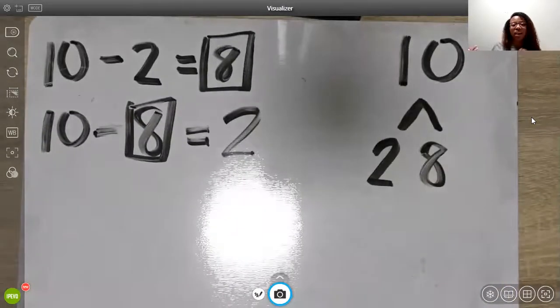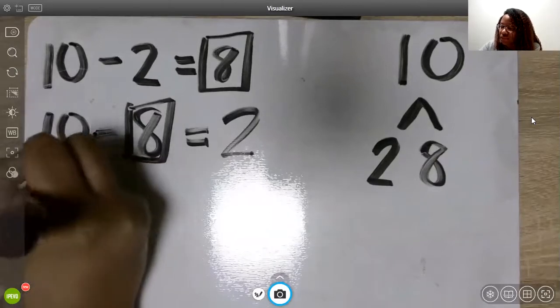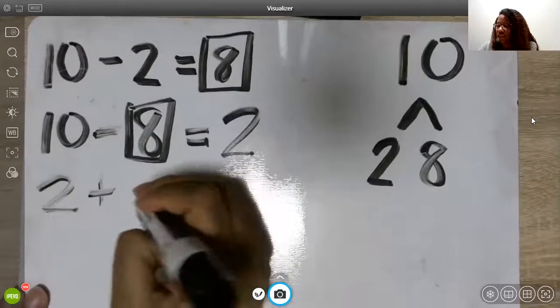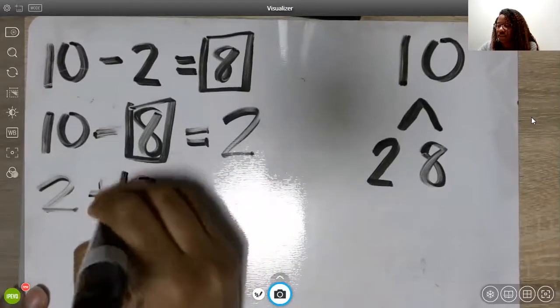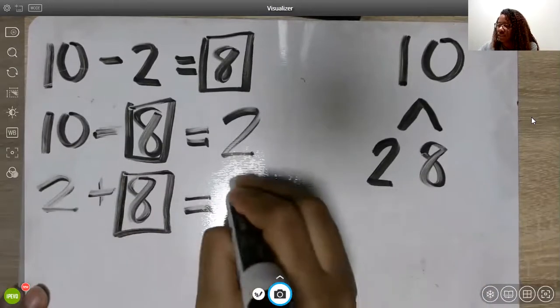All right, now since I have my 2 subtraction number sentences, I need my 2 addition number sentences. So what can I write next? I can write 2 plus 8. Don't forget to box it, and it equals what again? 10.